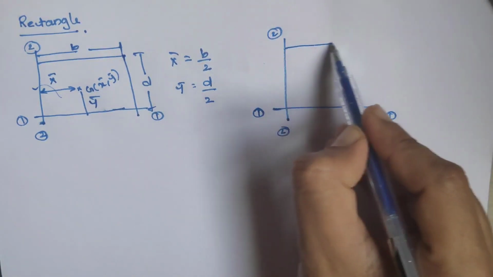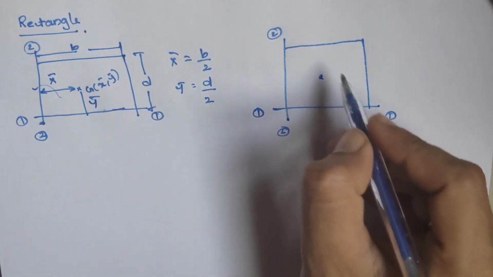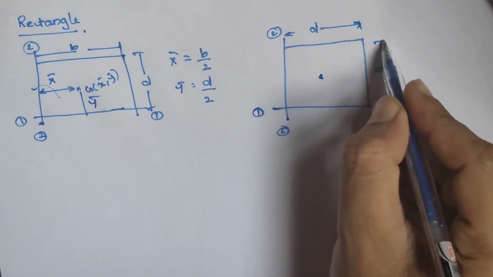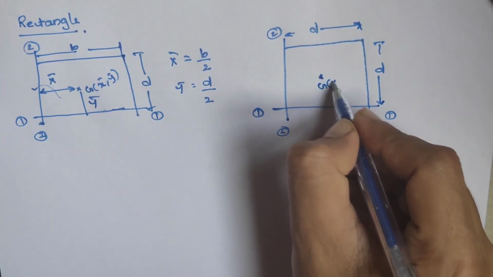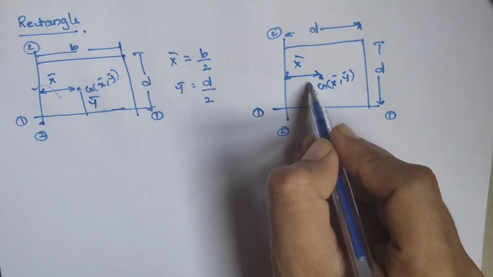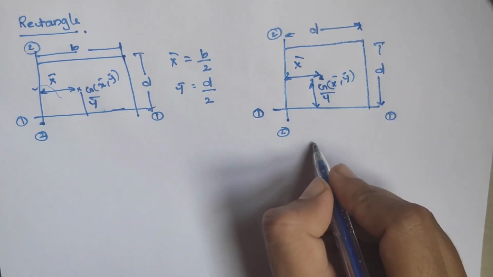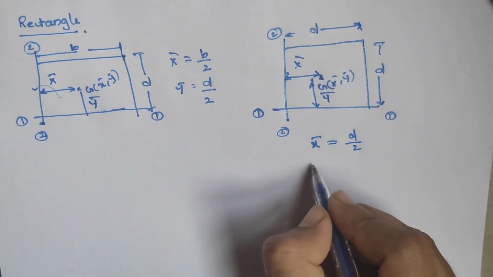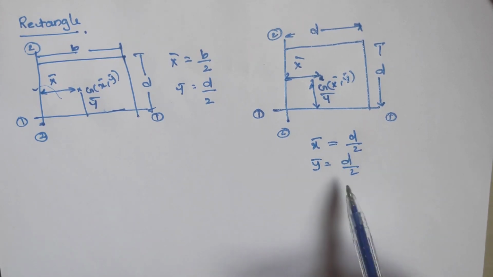Now here this is the square. Here the only difference is both sides will be equal, so we can take both as D. Now the centroid will be x bar and y bar, and this distance will be x bar and this distance will be y bar. Here we will get x bar equal to half of D, so we can take D by 2. Similarly y bar equal to half of D, so both will be equal.